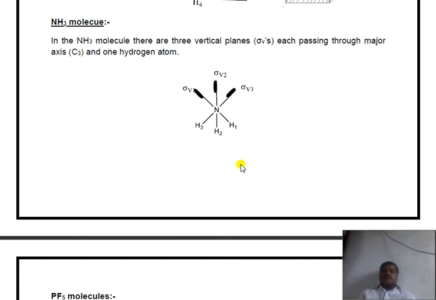If you observe the planes of symmetry parallel to the principal axis, there are three: sigma v1, sigma v2, sigma v3. Sigma v1 passes through nitrogen and H1, sigma v2 through nitrogen and H2, and sigma v3 through nitrogen and H3. There are three sigma v's parallel to the principal axis C3.